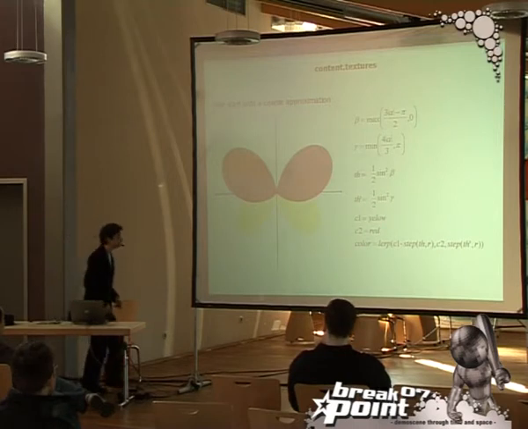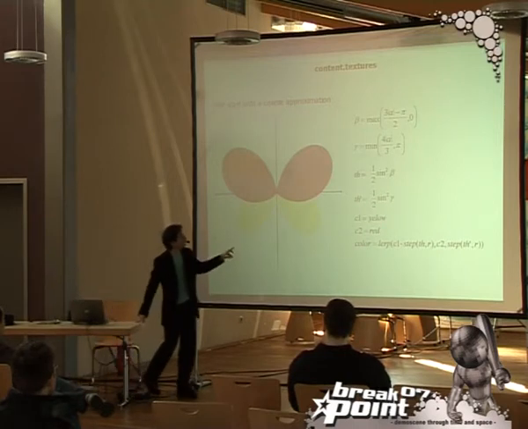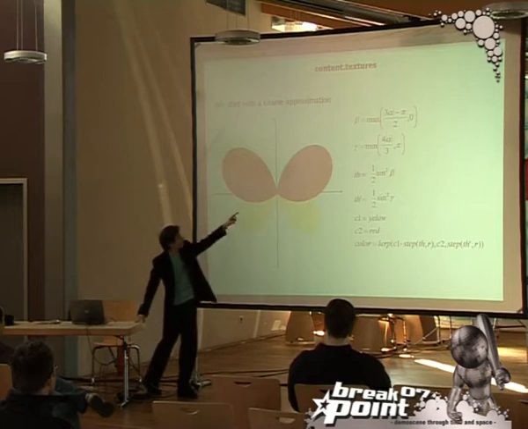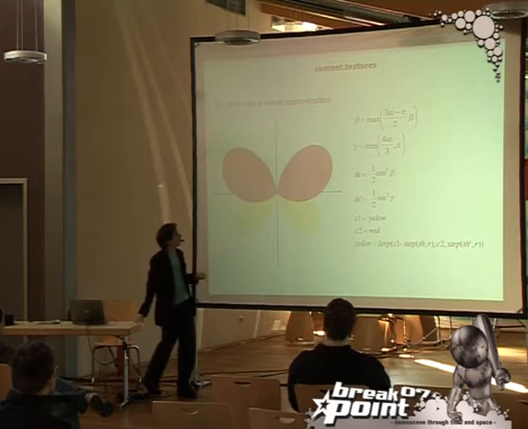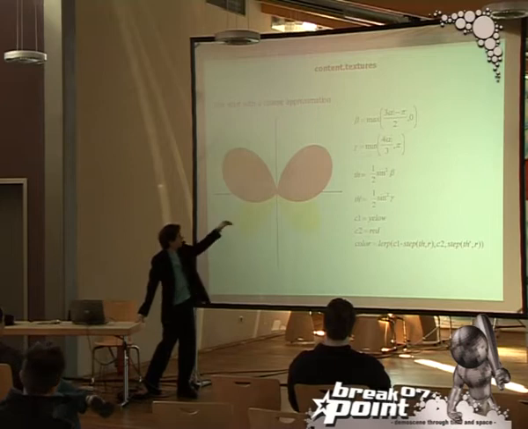So the idea here is very simple. You take every point and you have the radius, or the distance to the center of the screen, and then every point that is close enough to the center is painted with a color. And this distance that makes the distinction between paint or not paint is just a function of the angle.